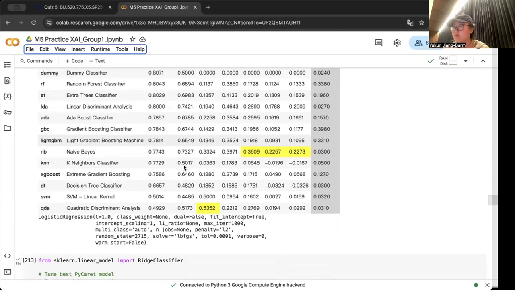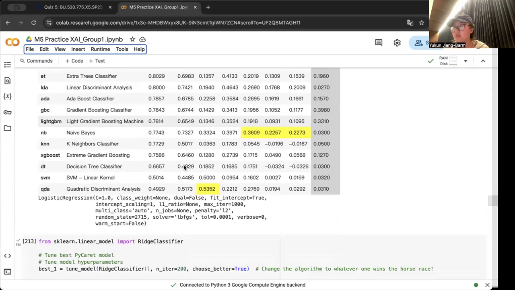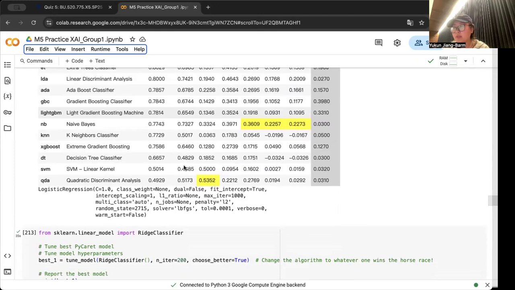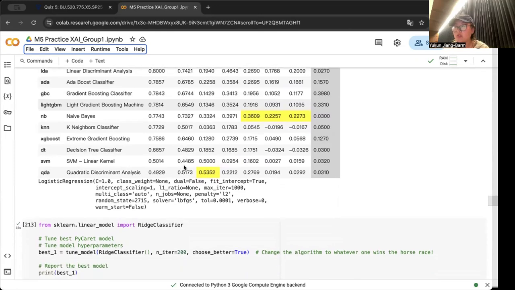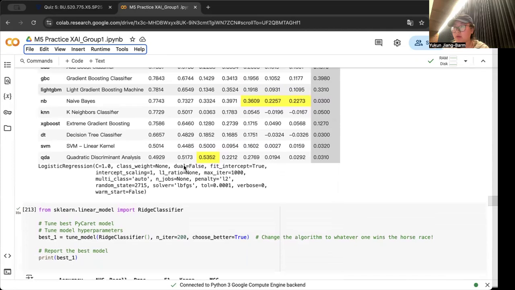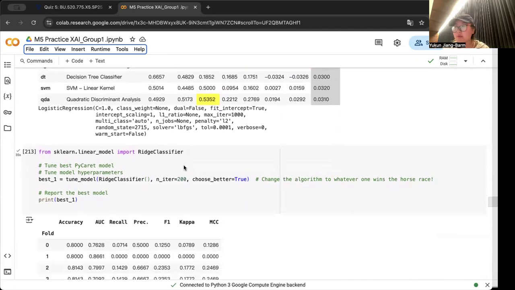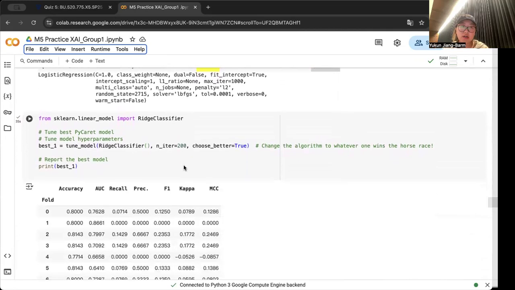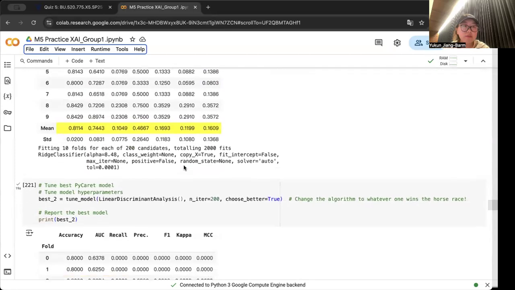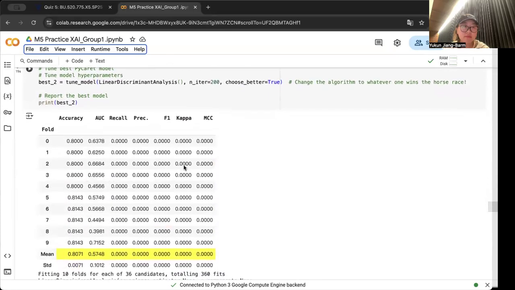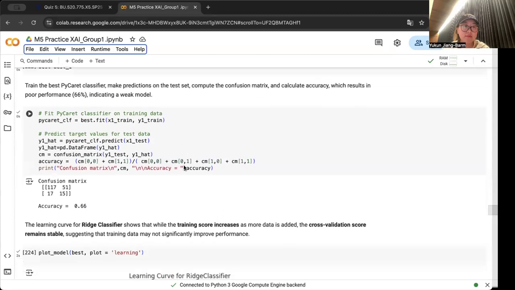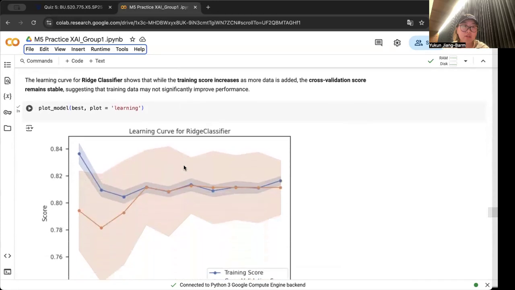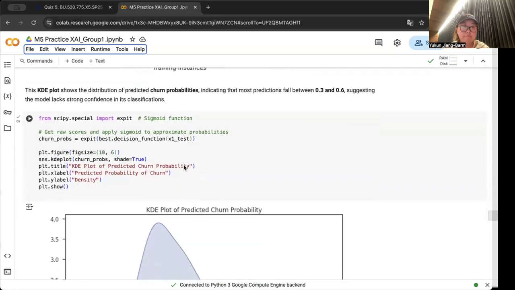So we select the ridge classifier over logistic regression due to its higher AUC, that's 0.74, which indicates superior discriminative power. And then we hyper tune the best model and get our confusion matrix and learning curve.